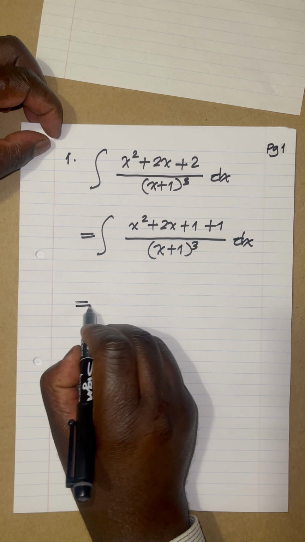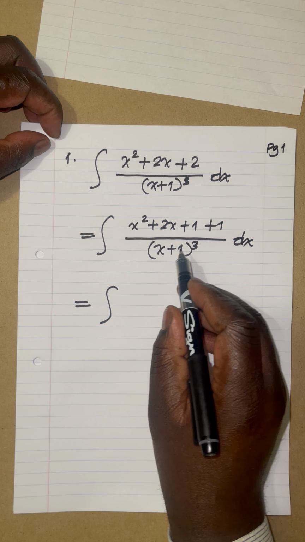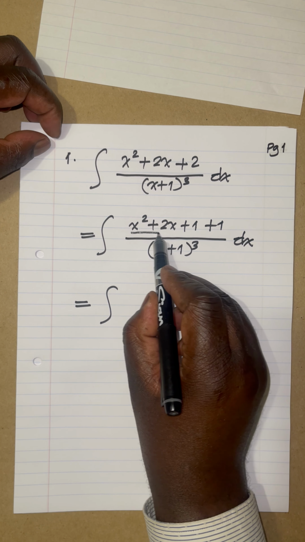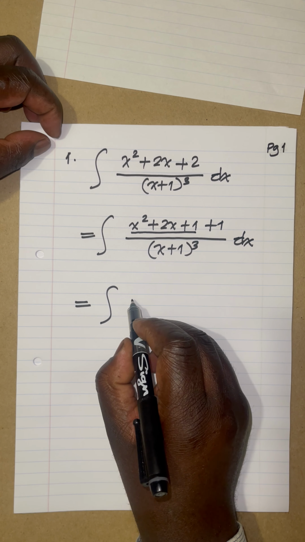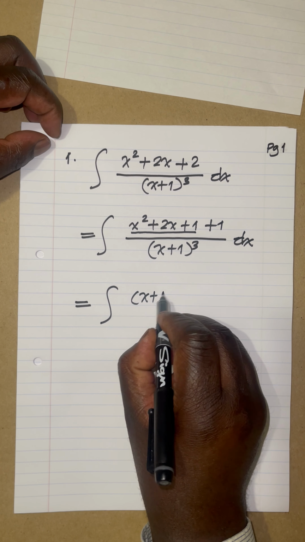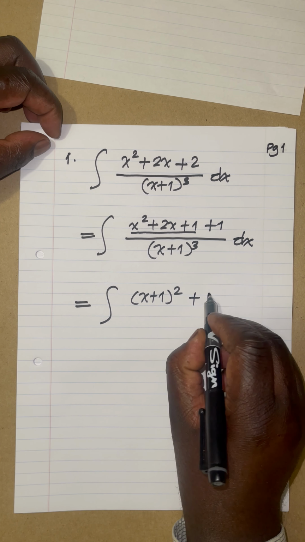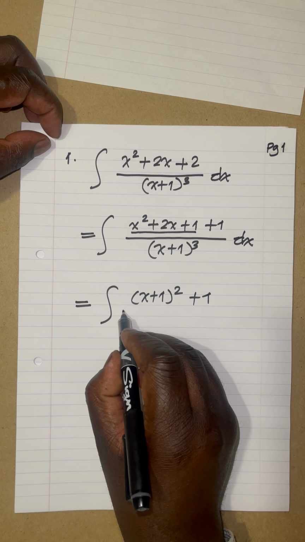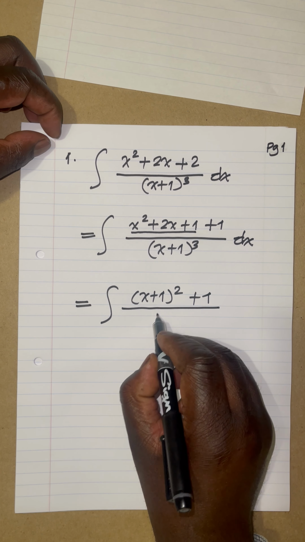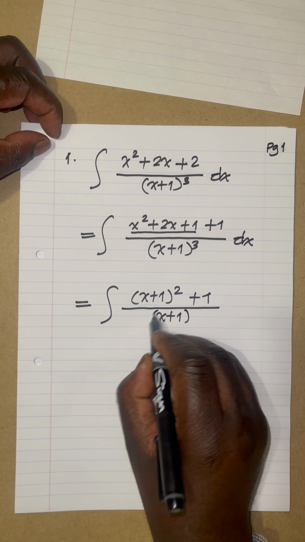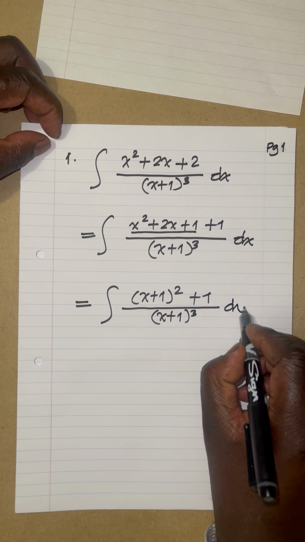And this allows us to say that this is the same as, remember, this part here can be factorized, that part, x plus 1 all squared, but we have to say plus 1 because there's 1 outside here, and we're dividing the whole of this by x plus 1 cubed dx.